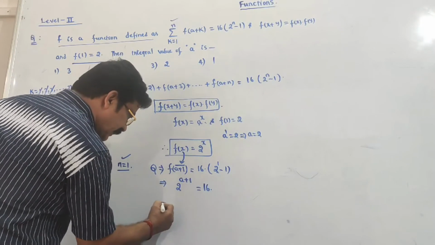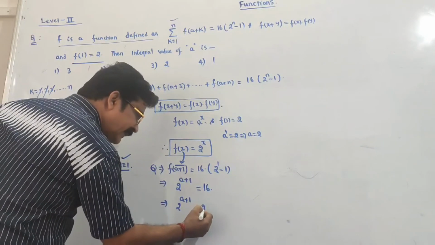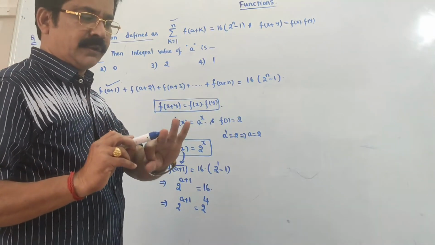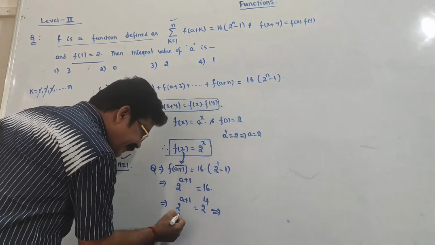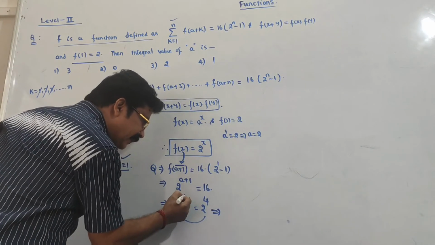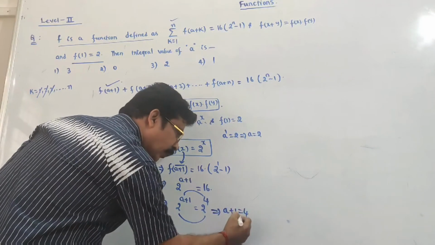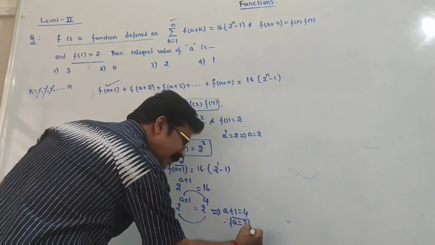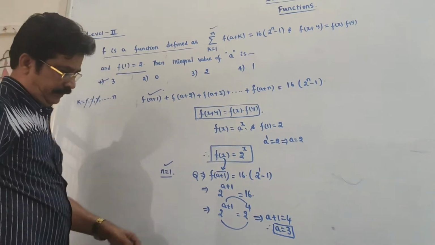So 2 to the power a + 1 equals 2 to the power 4: 2 twos are 4, 4 twos are 8, 8 twos are 16. When the bases are the same, the exponents are also the same. So a + 1 equals 4, therefore a is equal to 3. Hence, the first option is right.